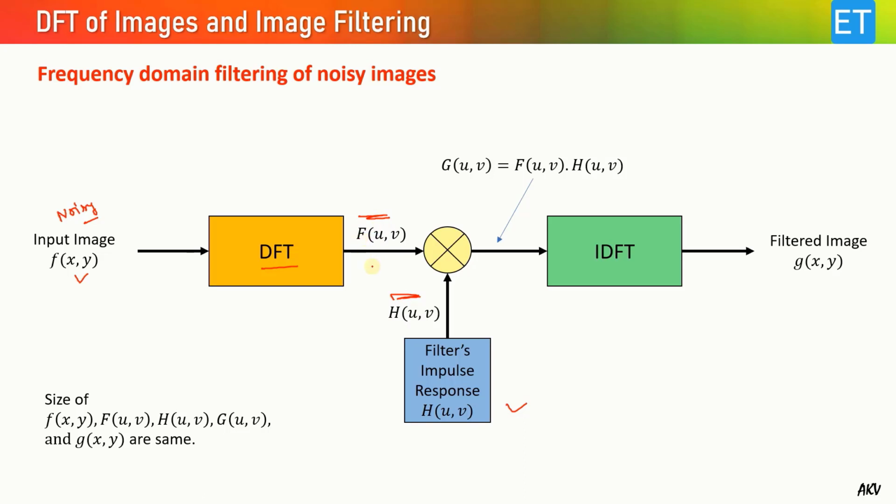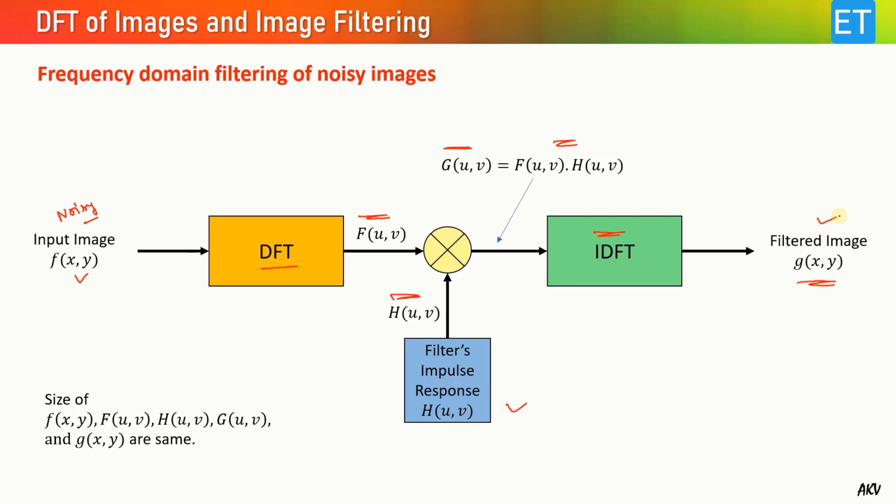So we multiply F and H like this. When you multiply these two spectrums, we get another spectrum, which is the spectrum of the filtered image. So G(u,v) represents your filtered image in the frequency domain. Then we take the IDFT and we get G(x,y), that is the filtered image. So this is the simple and basic scheme of image filtering in the frequency domain.